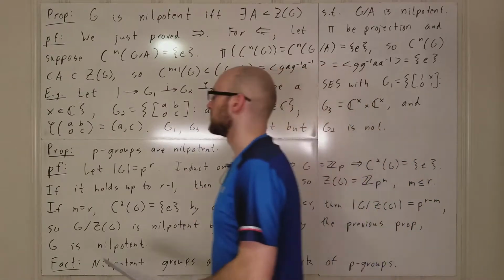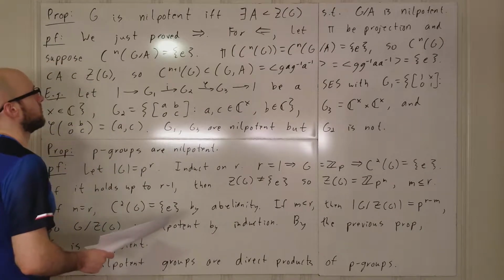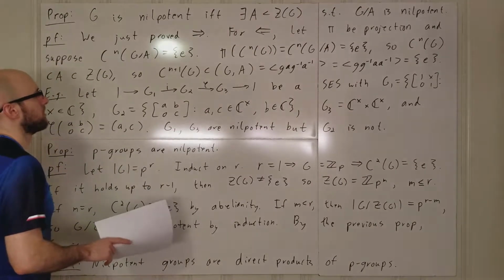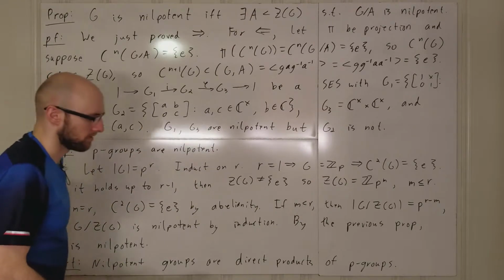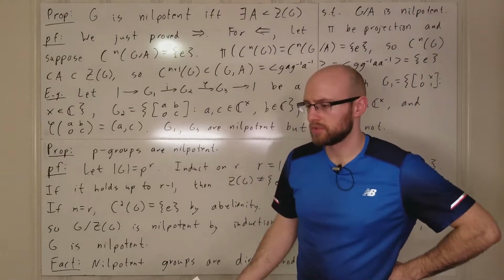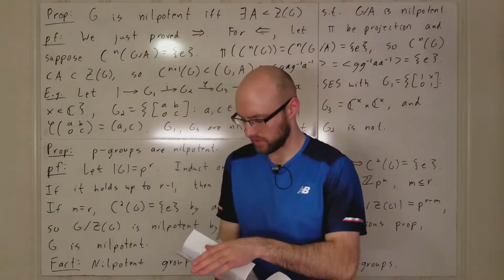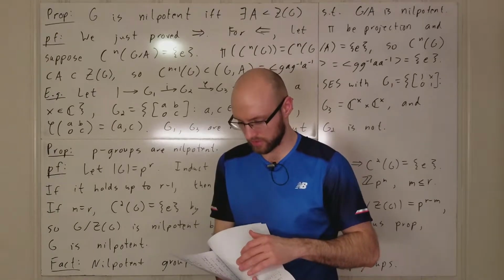As a result of this, it's not true that, if you have a group, and, let's see here, there was sort of an if and only if statement for solvable groups.